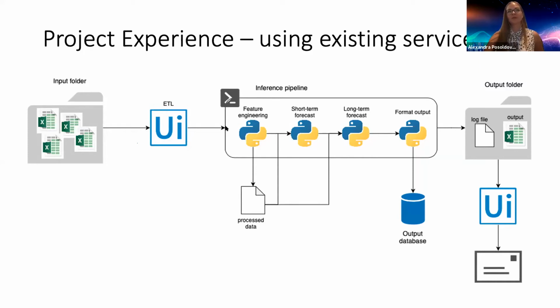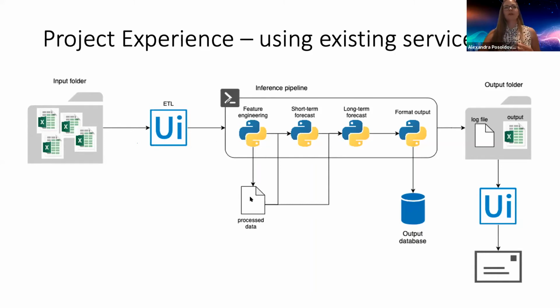And UiPath was calling the inference pipeline, which was a Python package installed at the client side. It consisted of feature engineering, short-term forecast, long-term forecast, and formatting the outputs.